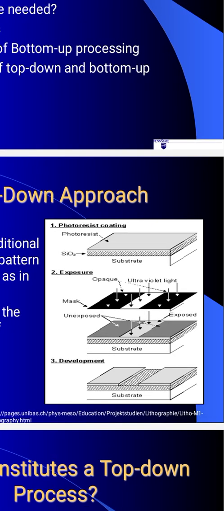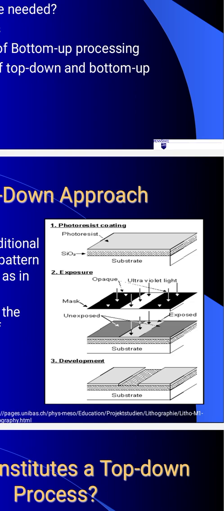Photoresist is coated on the substrate, which is silicon there, and silicon will always be covered with silicon dioxide. It will be oxidized, so the top layer will be silicon dioxide. So the silicon substrate covered with silicon dioxide is now coated with the photoresist, and then we are exposing this photoresist with ultraviolet light through a mask.